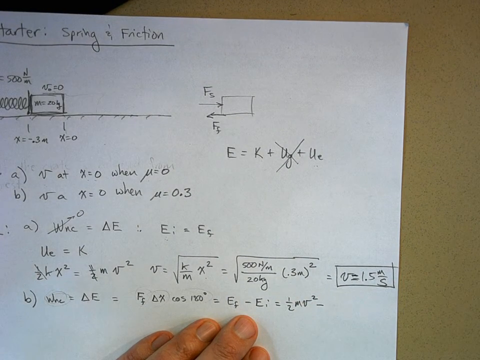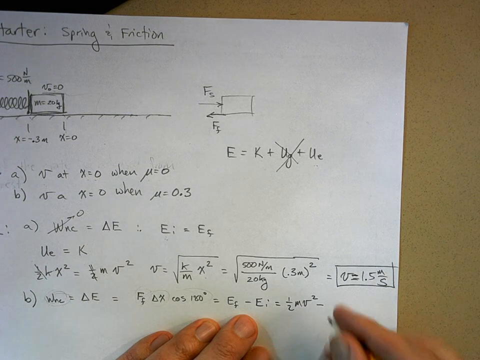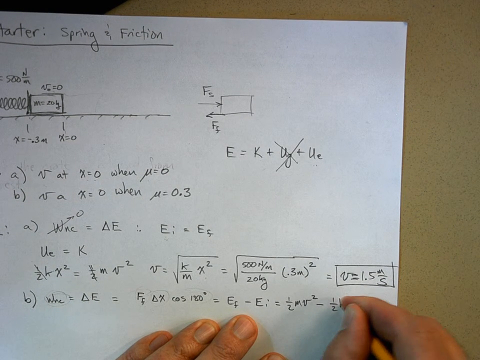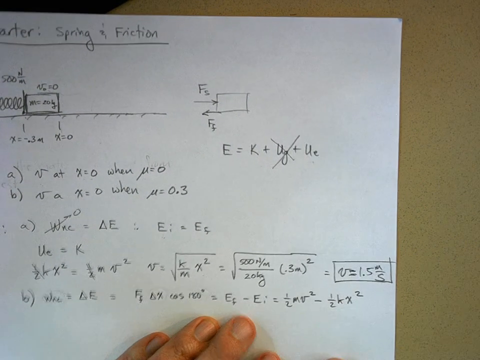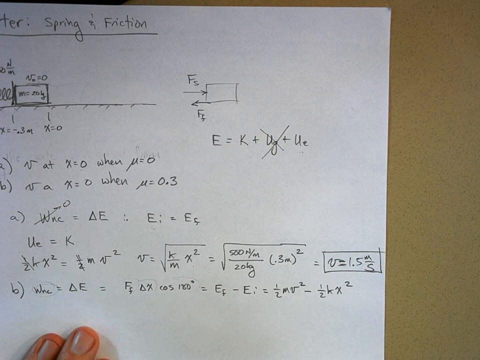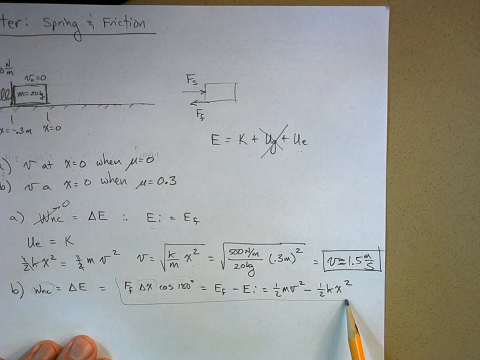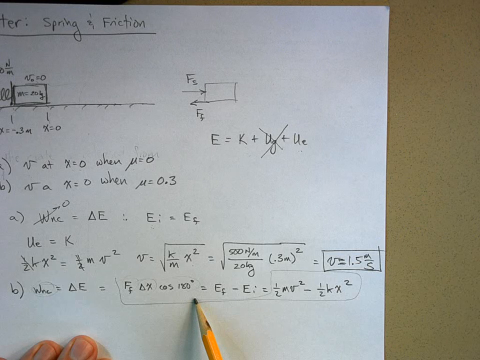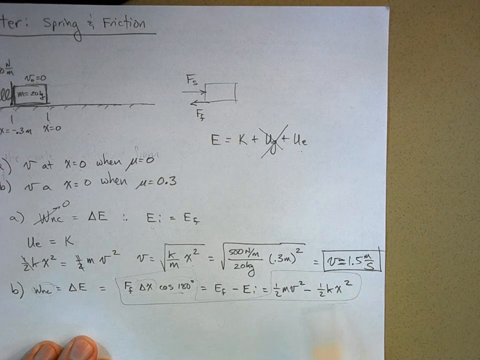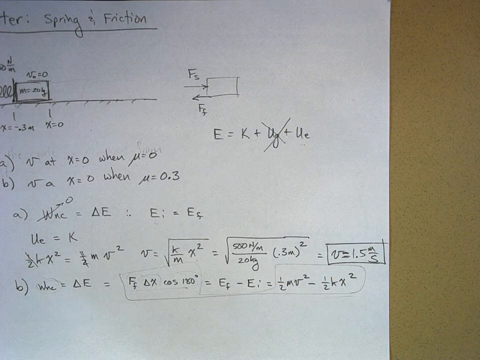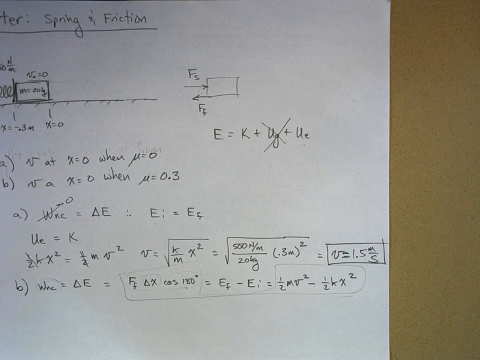What was the initial energy? It was all in the spring, 1/2 k x squared. So we've got to solve this long, ugly thing right here. This equals this. We've got to solve for v, and so it's kind of ugly.